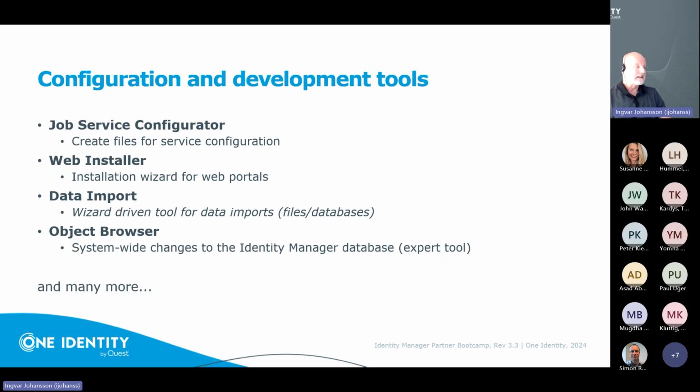Now, you don't tell the job server with that tool that it is going to take care of connecting to Active Directory, Amazon, SAP or whatever target system. What you do with the tool is configure how the job server connects to the identity management platform, how often it is going to pull jobs from the queue, for instance, and where it should write its log output. Those are typical things you configure with that tool.